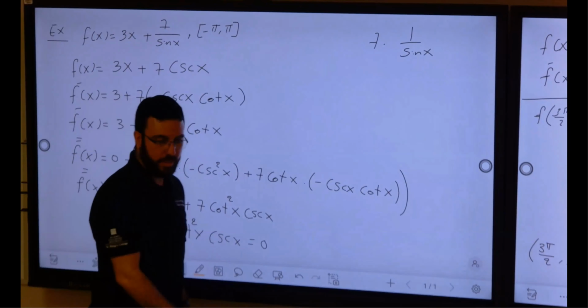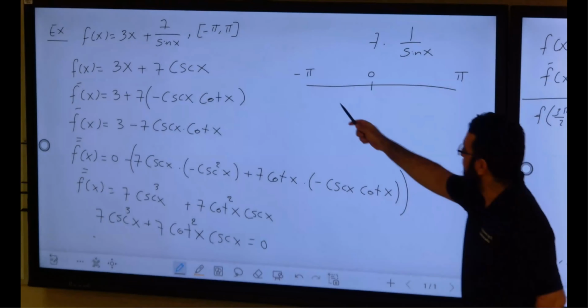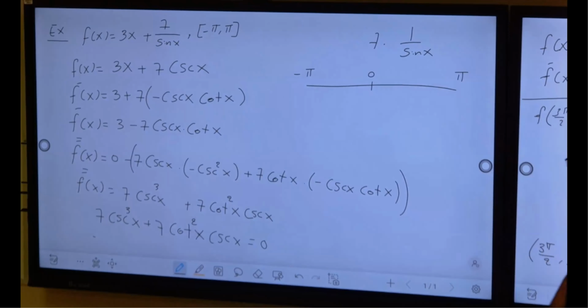Now who's gonna tell me how we gonna solve this? Factor. Whatever you want between -5 and 0, and whatever you want between 0 and 5.